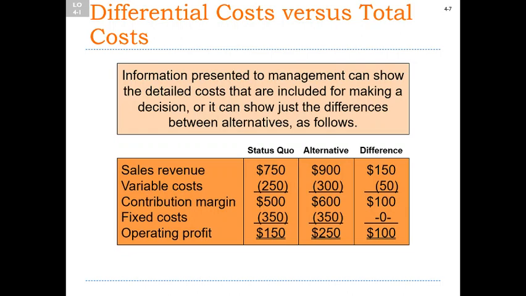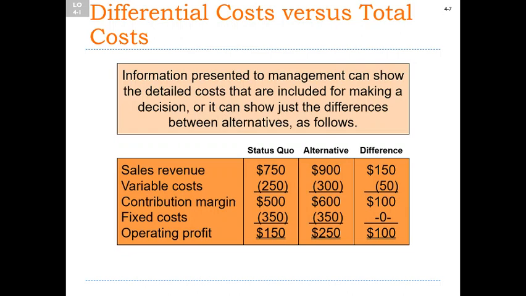Now here they talk about differential cost versus total cost. And so what you see in the two left columns, well, status quo and alternative columns, are the total costs and revenues.